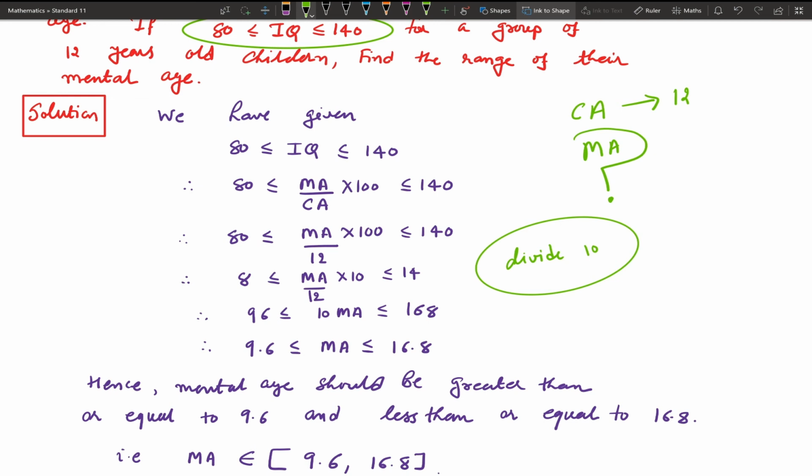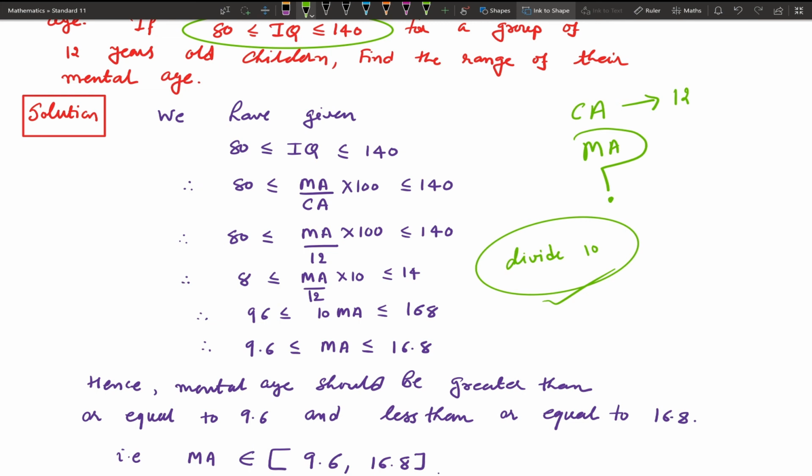So when we multiply it by 12, it is positive, so there is no change in the inequality. So 12 into 8, 96 less than or equal to 10 into MA. So 10 MA. We have to find the range for mental age MA, and less than 14 into 12, that is 168. Now you divide throughout, again you divide throughout by 10. So 96 by 10, that is 9.6 less than or equal to MA less than or equal to 16.8.